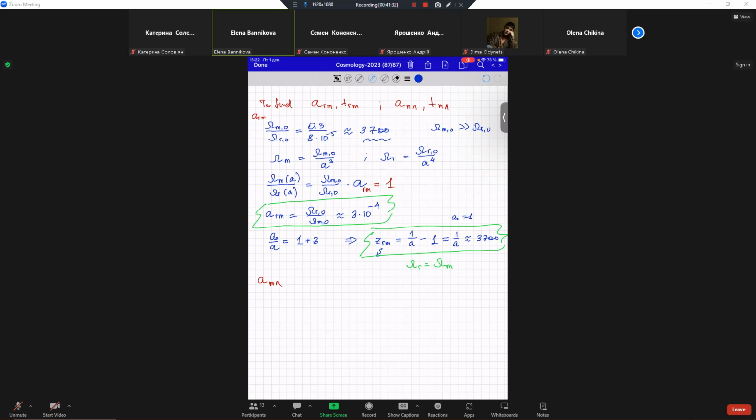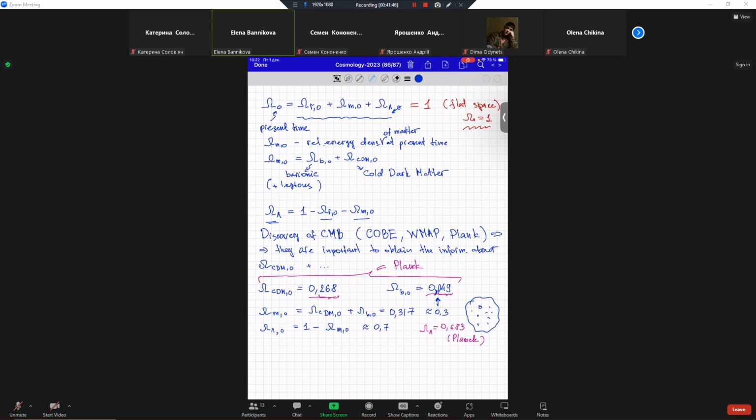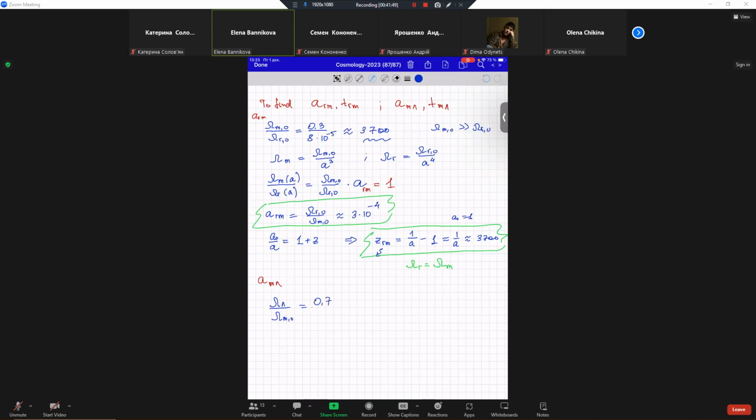We can estimate that omega lambda divided by omega m0 equals 0.7 divided by 0.3, which is approximately 2.5, right?